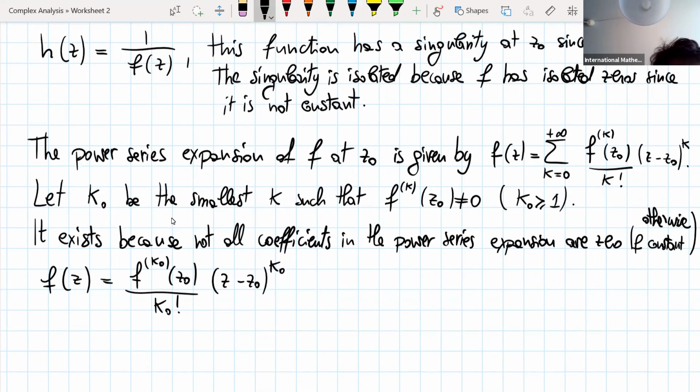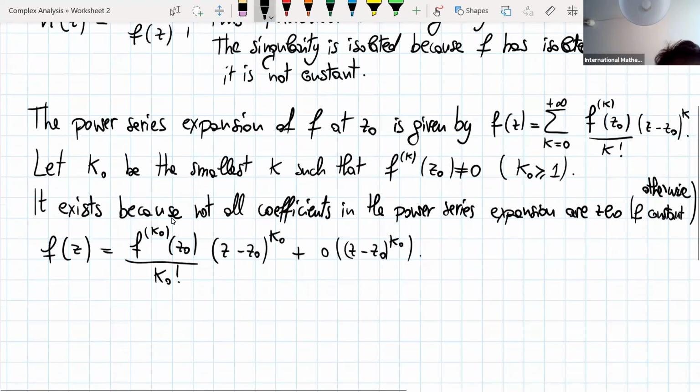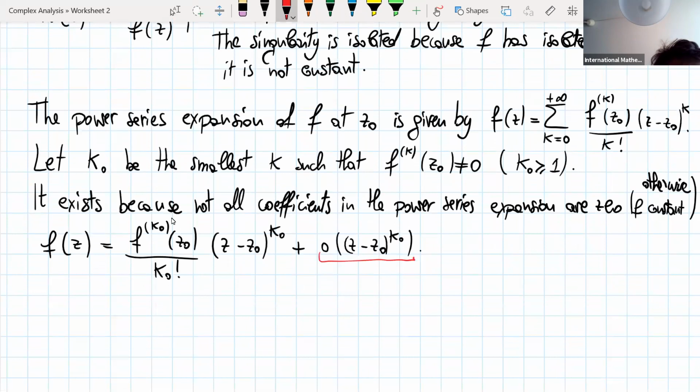And then we have terms which are of higher order in z minus z0. We write these higher order terms simply by small o of z minus z0 to the k0. This means that these terms have higher powers in z minus z0.